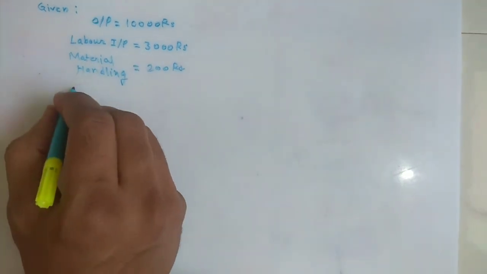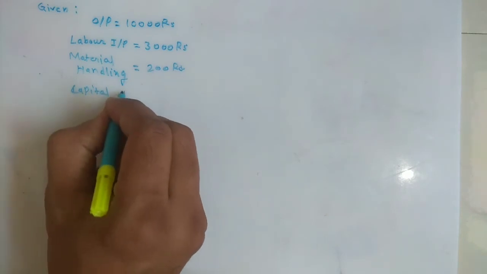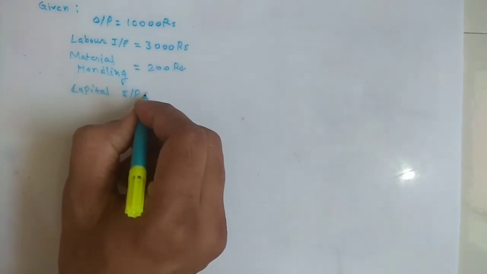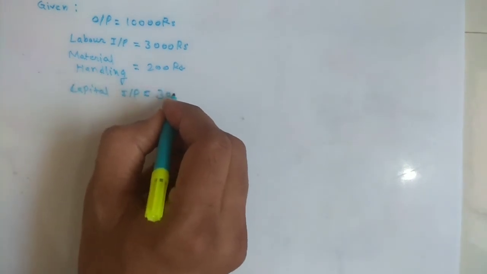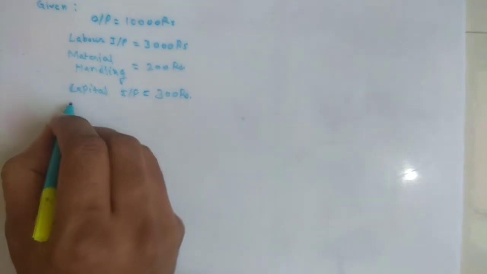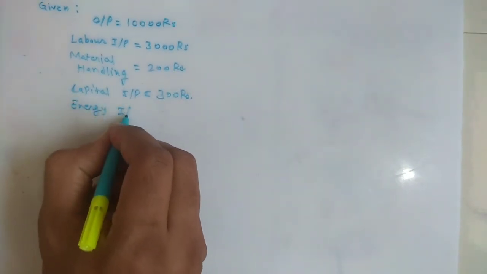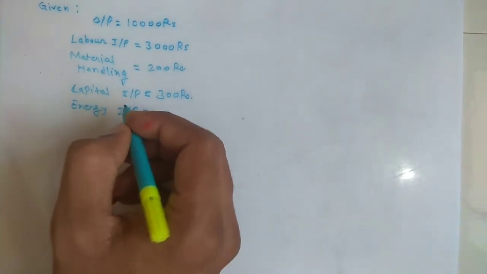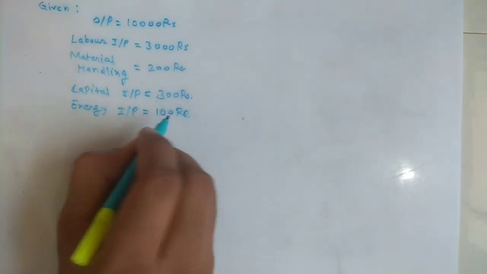Capital investment or capital input is 300 rupees. Energy input is 100 rupees.